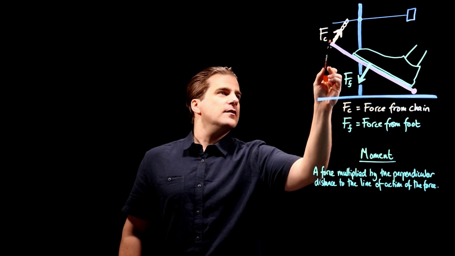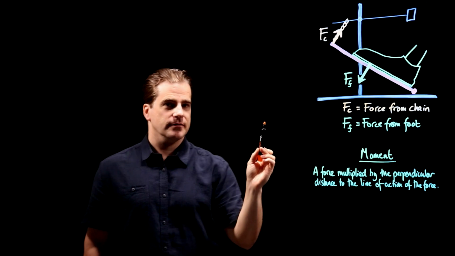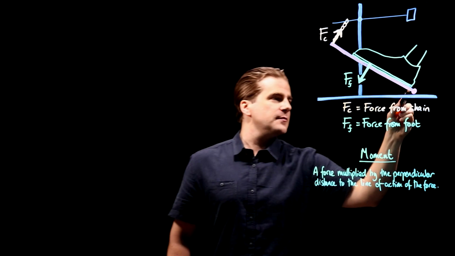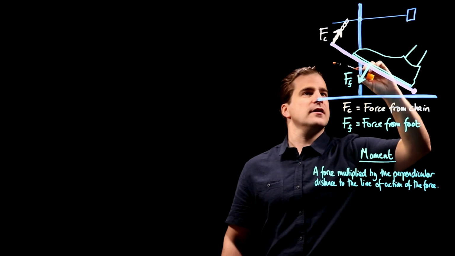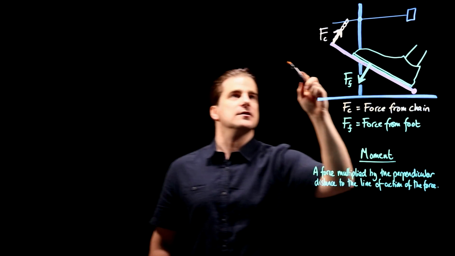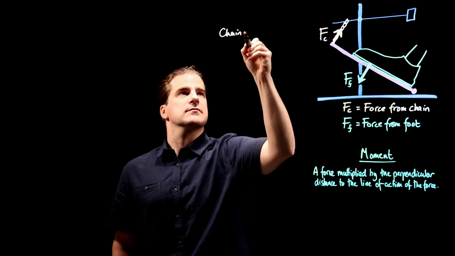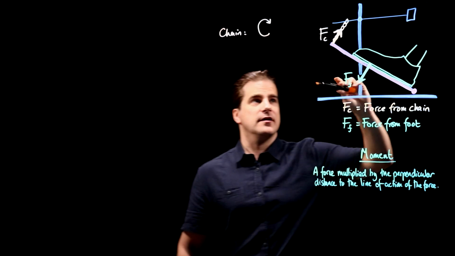So the moment provided by the chain is, there's the pivot, so that force is trying to rotate it in that direction. So from the chain, it's trying to rotate it in that direction.